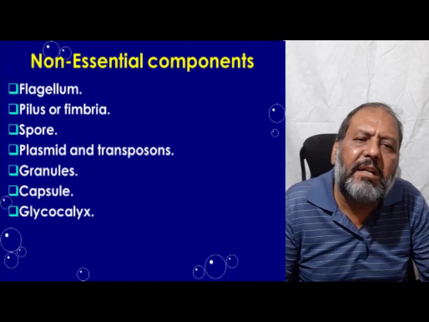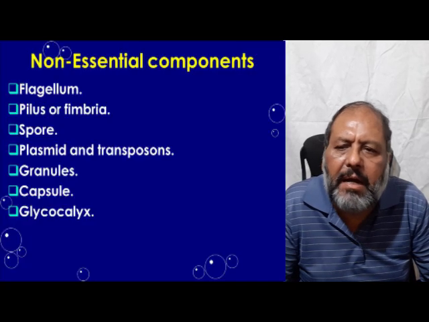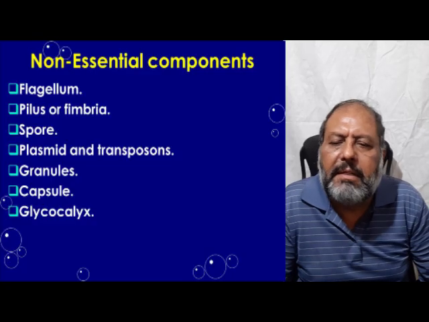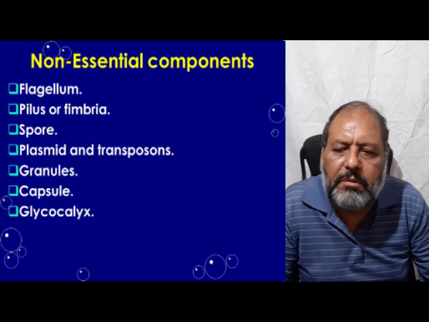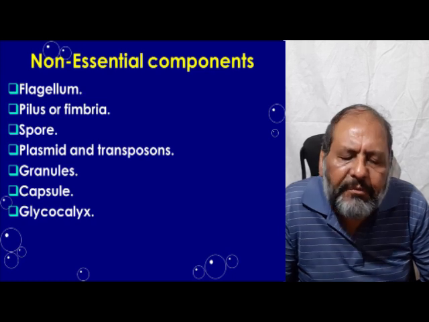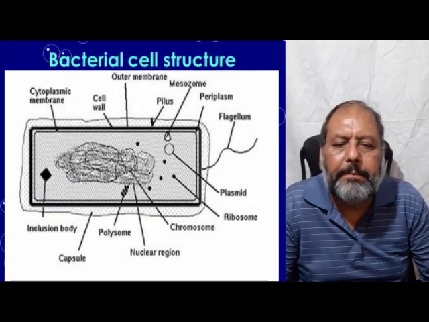And the non-essential components are the flagellum, pilus or fimbriae, spore, plasmids and transposons, granules, capsules and glycocalyx. I will discuss all of these in detail one by one.